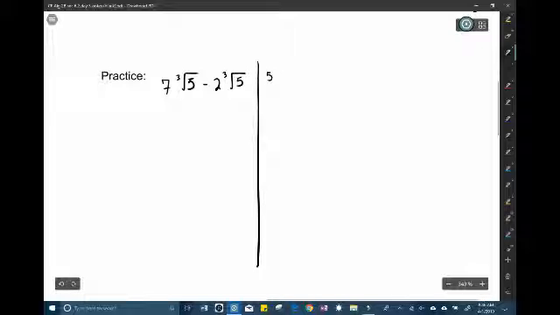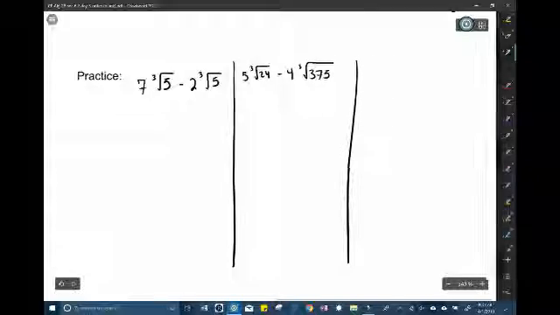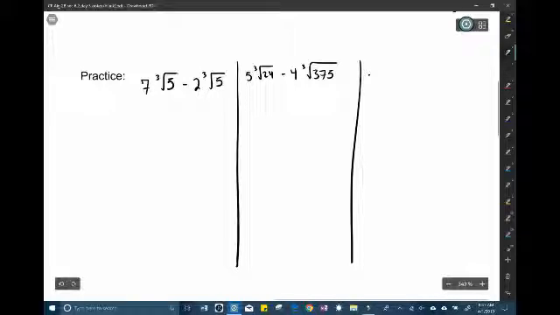Let's do 5 cubic roots of 24 minus 4 cubic roots of 375. And let's do one more here: negative 2 fourth roots of 405 minus 5 fourth roots of 80. So you can feel free to pause it, try these out, come back. I'm going to get on into it.